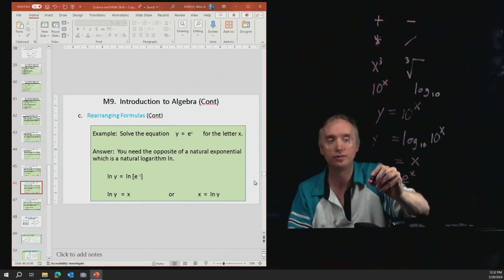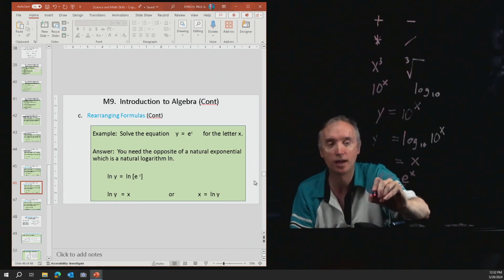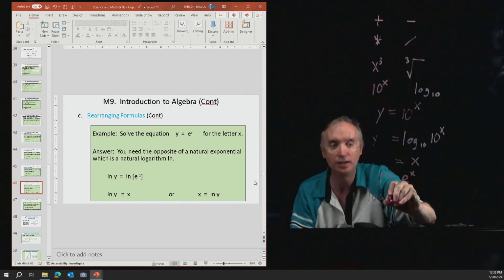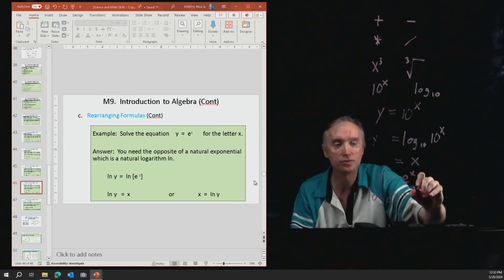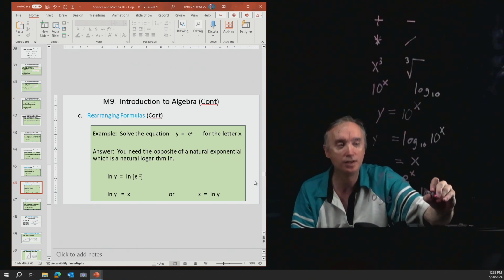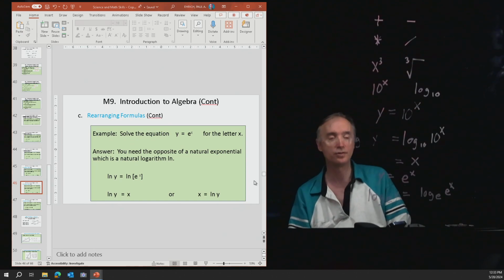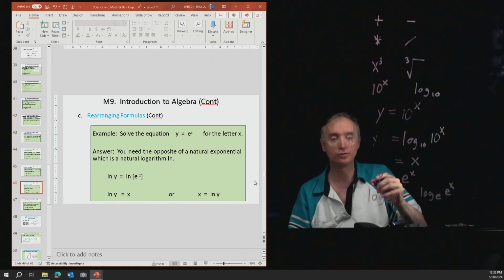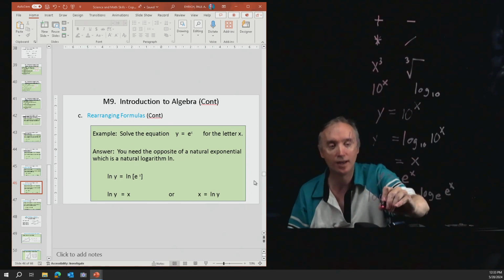So we could do this. We could say log to the base e of y is going to be equal to the log to the base e of e to the x. So we could do it that way, but there's a special notation, and we say ln. So the natural logarithm of y, that's what this is.